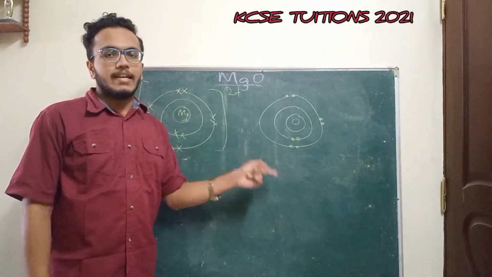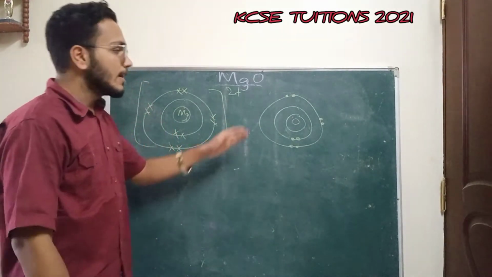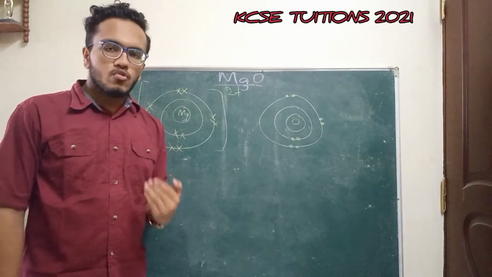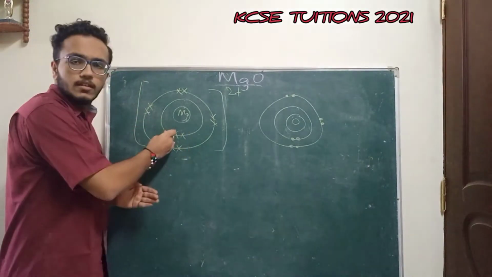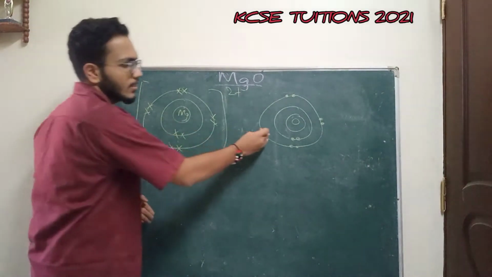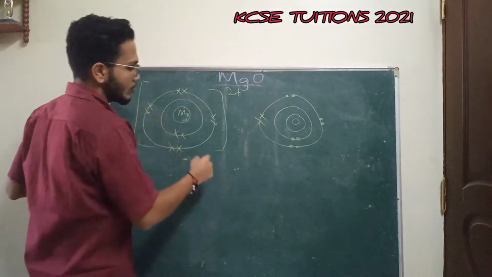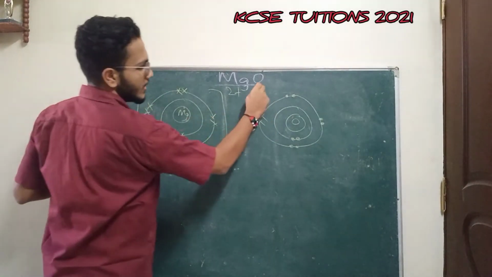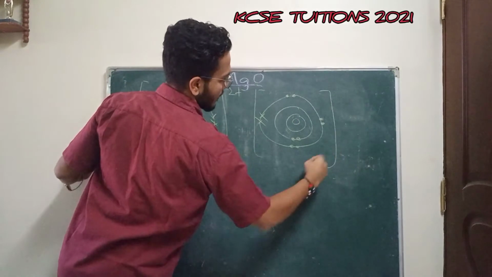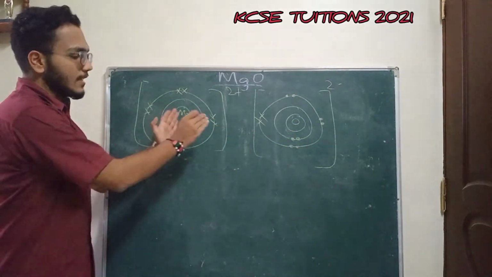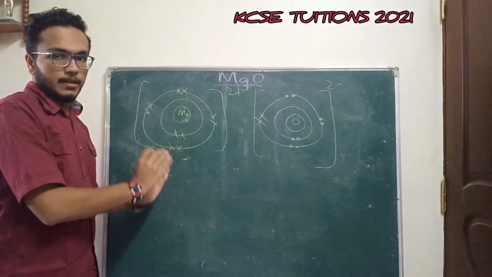Because it does not have 8 electrons in its outermost energy level. It has 6. How many does it need to gain? 2. Where do those 2 electrons come from? They come from the electrons that magnesium lost. They are gained by oxygen, and the oxygen becomes negatively charged, 2 negative. This is how ionic bonds are represented.